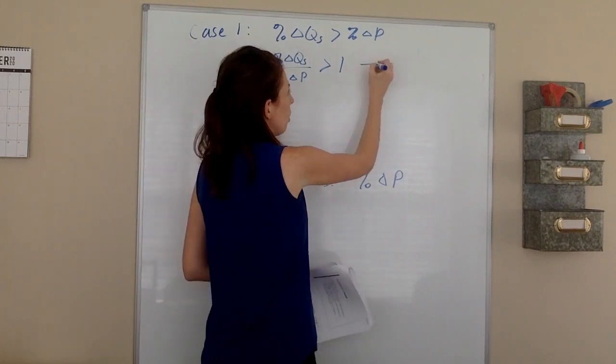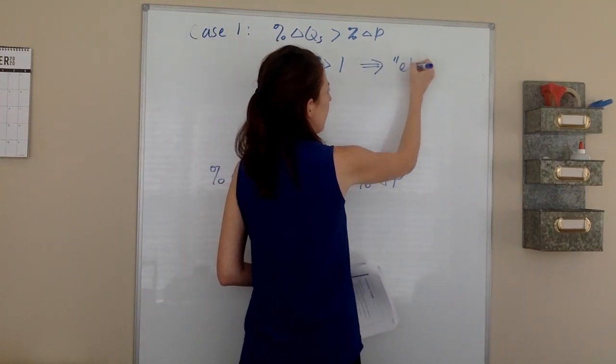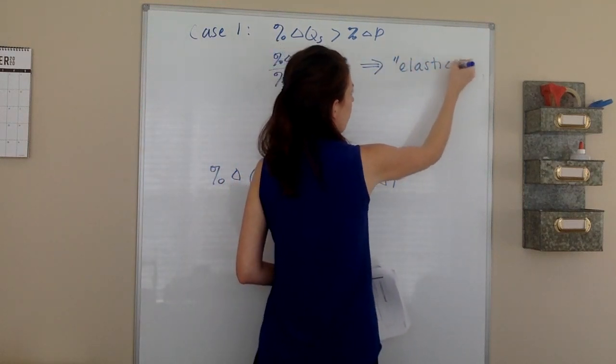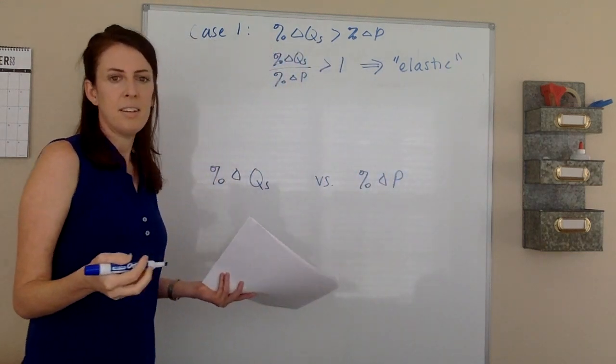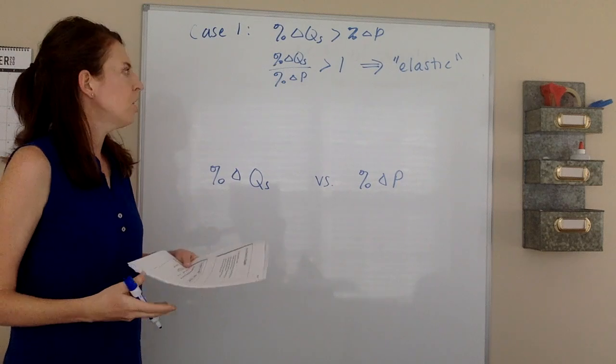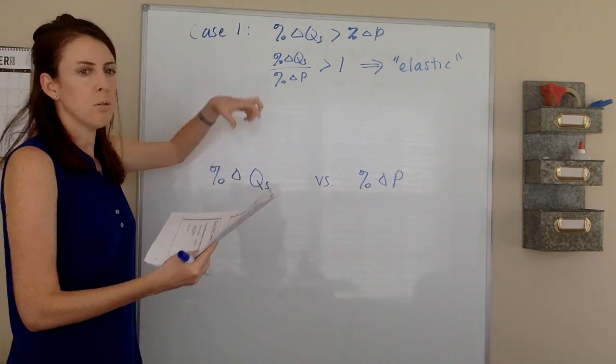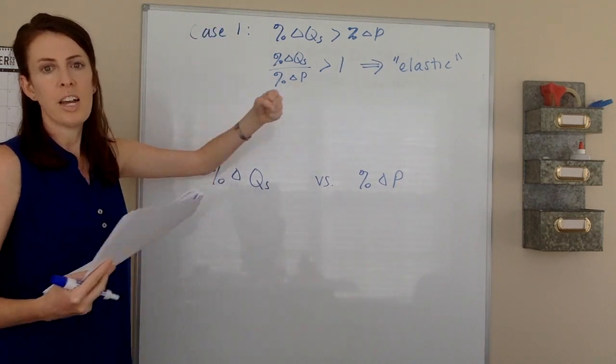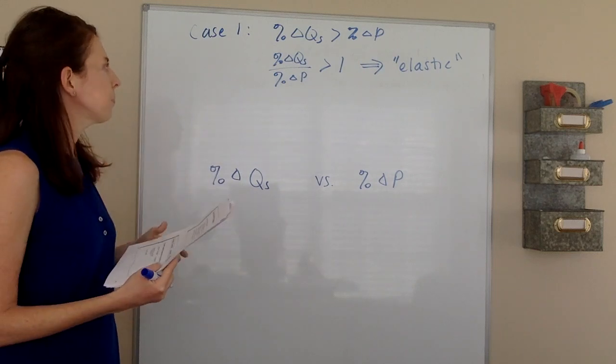And we're going to call this an elastic supply. So again, elastic is descriptive. It indicates that we have some stretchiness. So you change the price by a little bit, you get relatively larger stretches in the quantity supplied.